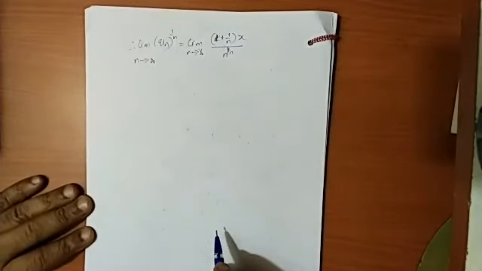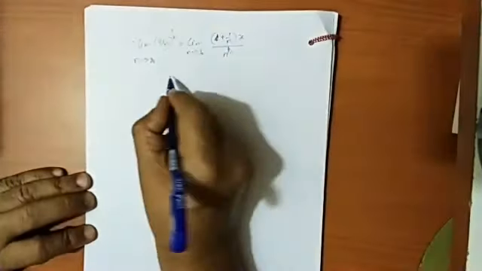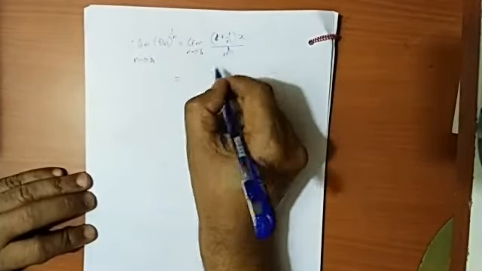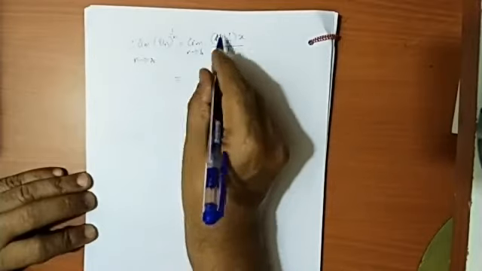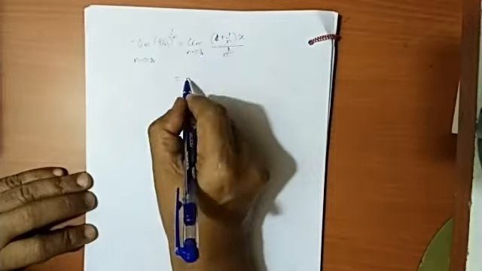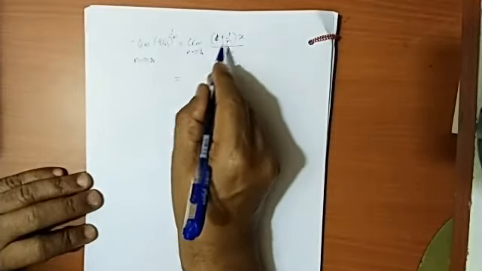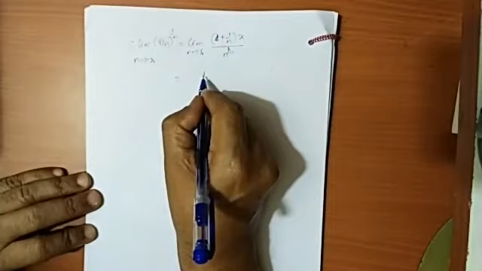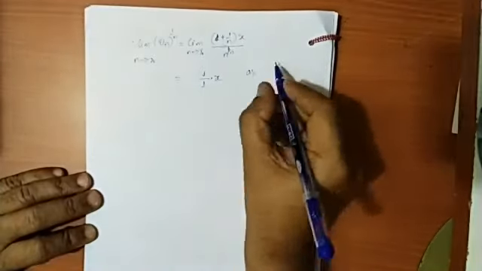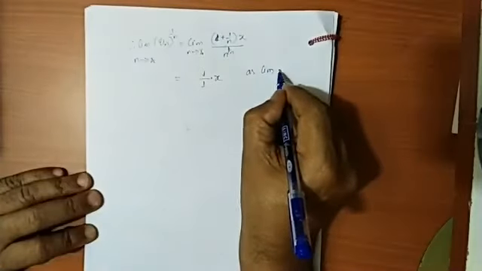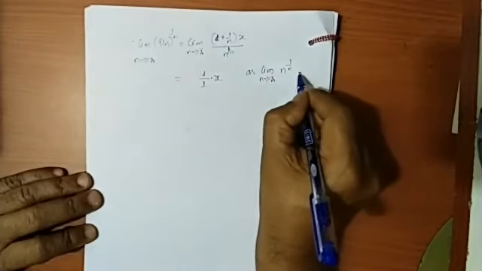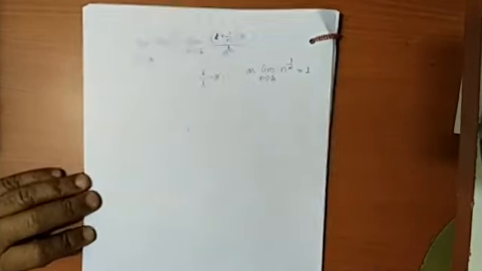Here I make use of the property that 1 by n goes to 0, and n raised to 1 by n also is 1. So if I simplify this, I get 1 over 1 into x, as limit n raised to 1 by n as n tending to infinity will be equal to 1.